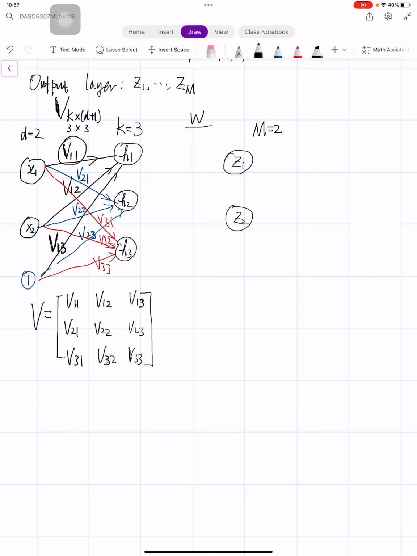And we also have the output node with a constant 1. Let's use a different color for this constant.